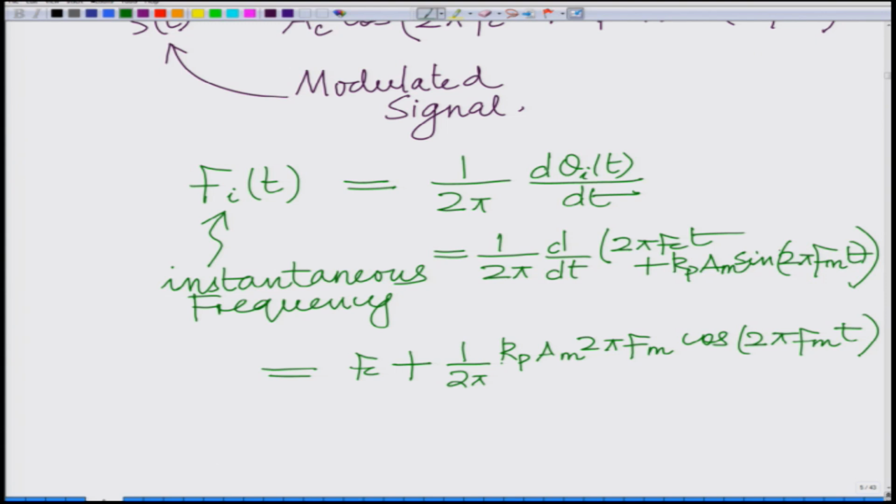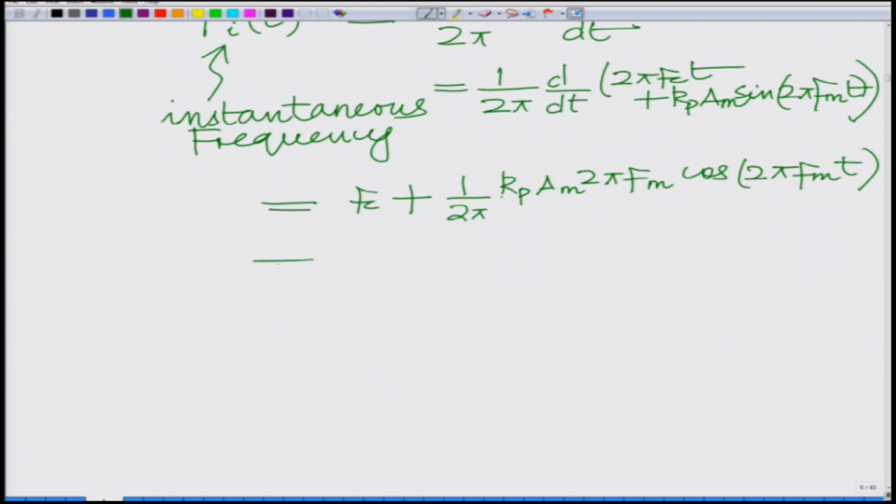2 pi f m t, and now basically this can be simplified further as f c plus, with the 2 pi's cancelling, k p a m f m into cosine 2 pi f m t. This is the instantaneous frequency.